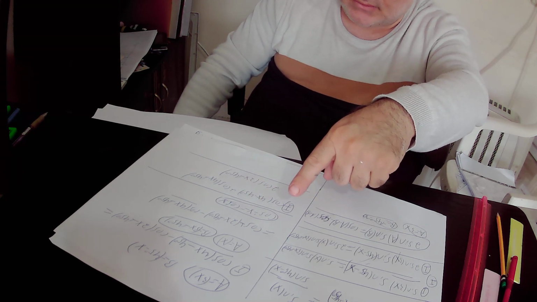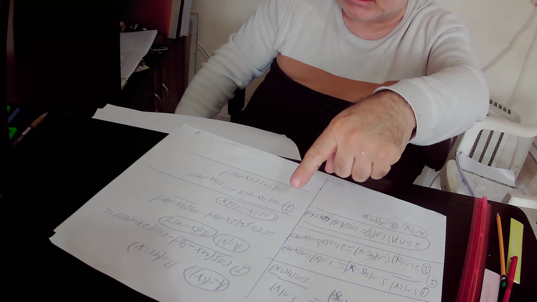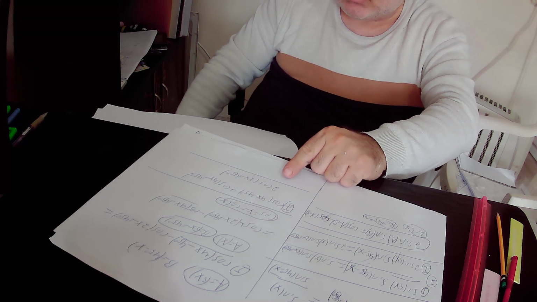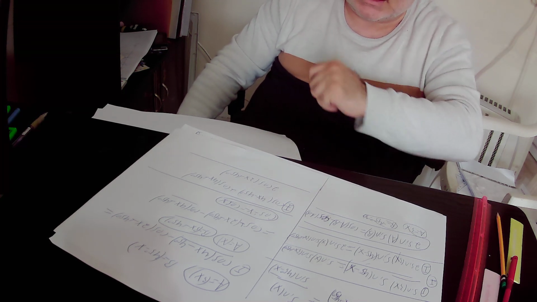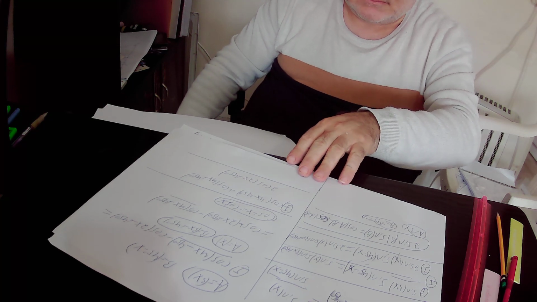Cosine 2x plus 45 degrees plus cosine 2x plus 45 degrees equals 2 cosine 2x plus 45 degrees. Okay.